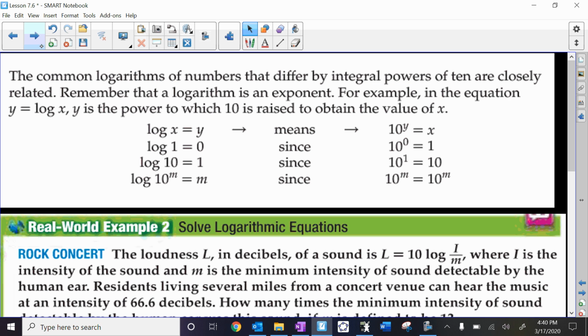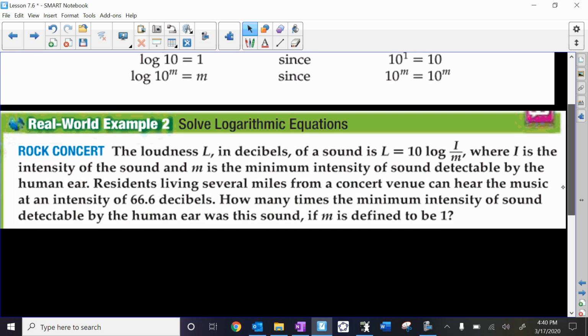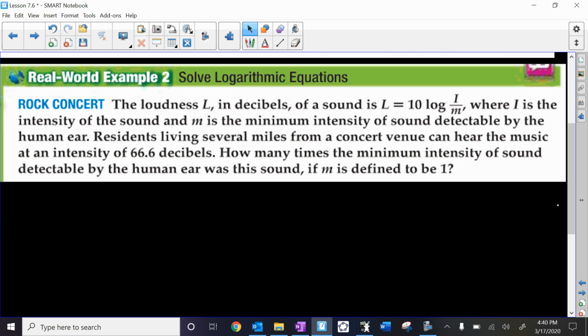We're going to try and use that in terms of some problems. You can read all this if you'd like. Really what they're after, a couple things. They tell us L is in decibels, it's loudness, sound. When we're looking at this equation, I is the intensity of the sound and M is the minimum intensity detected by your ear. So we have residents that can hear a concert that is 66.6 decibels.